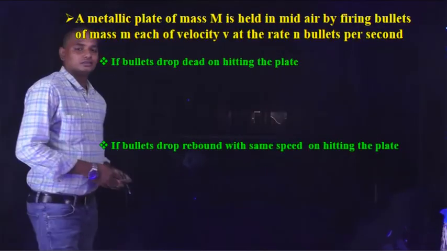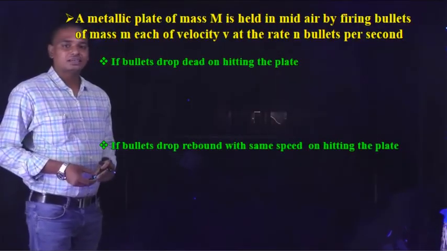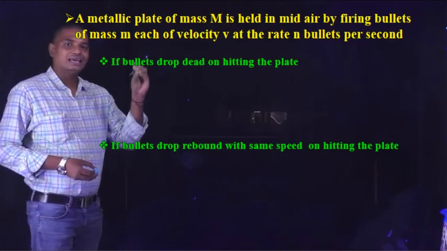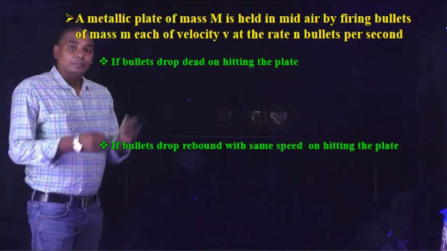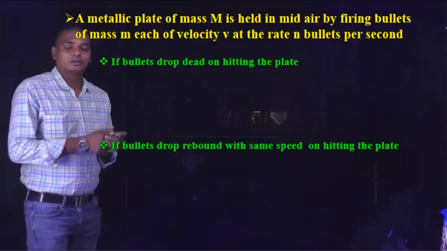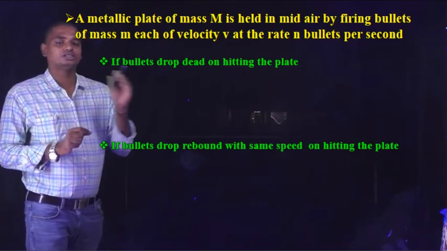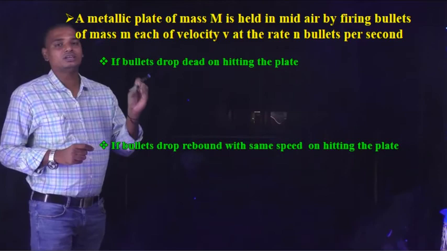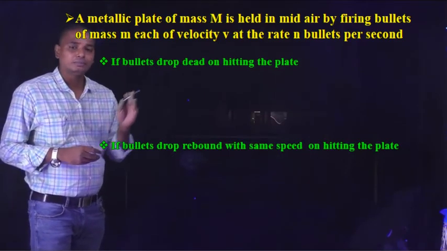Now let us move on to the next case, in which a metallic plate of mass m is held in mid-air by firing bullets with a gun, each bullet moving with a velocity v, and n bullets per second hitting the plate.